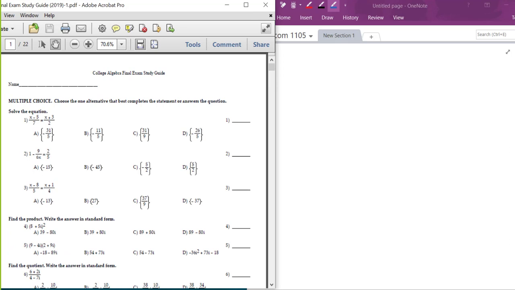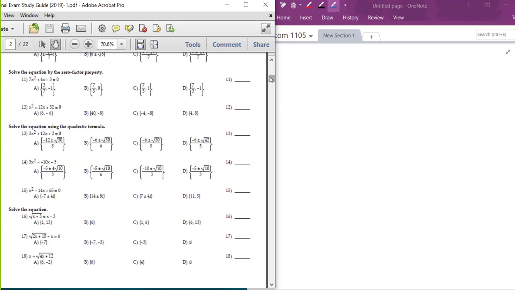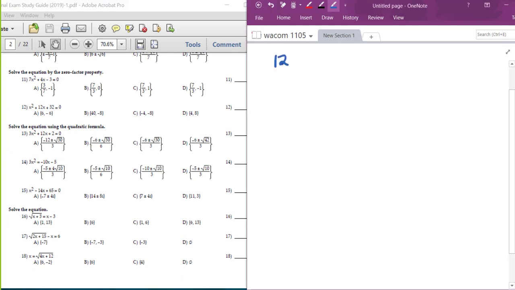Okay, let's use my mouse instead. So 12 is a quadratic equation. And if it looks like a simple problem to factor, do it by factoring and the zero product law.